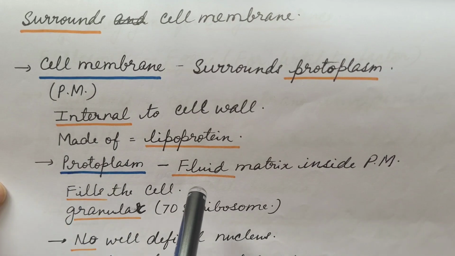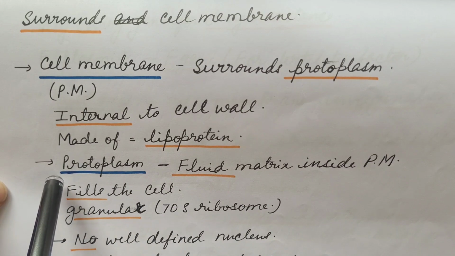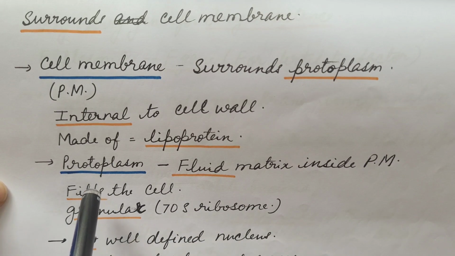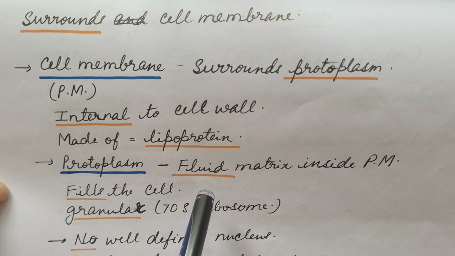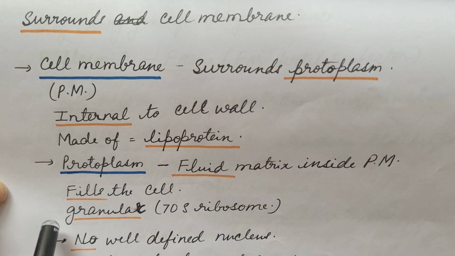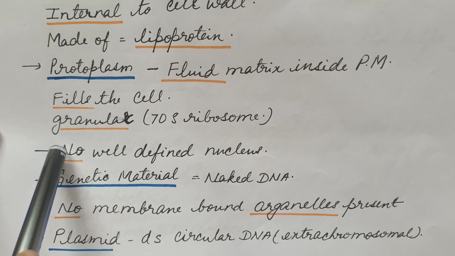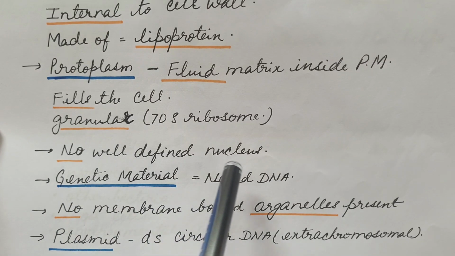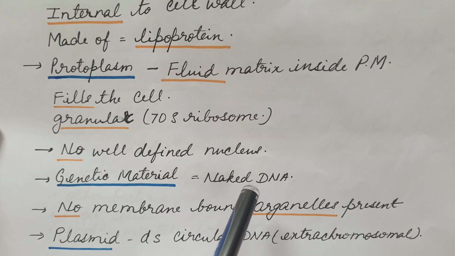Then protoplasm. It is the fluid matrix inside the plasma membrane, and this fills the cell. So the fluid matrix present inside the plasma membrane which fills the cell is known as protoplasm. Protoplasm is granular because of the presence of 70S ribosomes. Unlike eukaryotes, these do not have a well defined nucleus, and the genetic material is naked DNA.